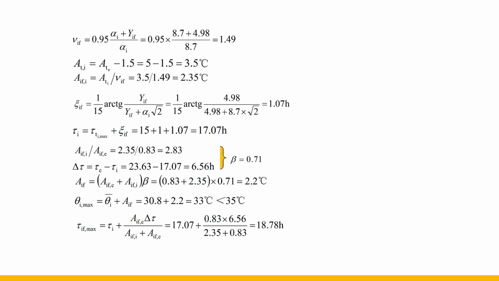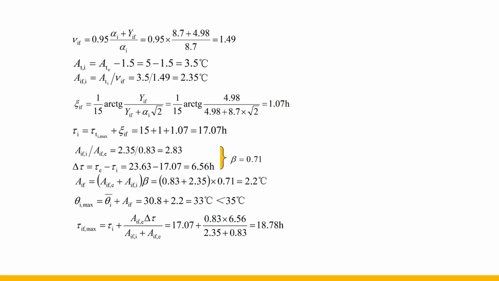Using the internal surface heat transfer coefficient and the internal surface heat storage coefficient, when the harmonic is from inside to outside, the attenuation multiple under the action of indoor harmonic is 1.49. According to the known conditions, the indoor air temperature amplitude is equal to the outdoor air temperature amplitude minus 1.5, equal to 3.5 degrees Celsius. Then the amplitude of the inner surface temperature caused by indoor harmonics is equal to the indoor air temperature amplitude of 3.5 divided by the attenuation multiple of 1.49 under the action of indoor harmonic, which is equal to 2.35 degrees Celsius.